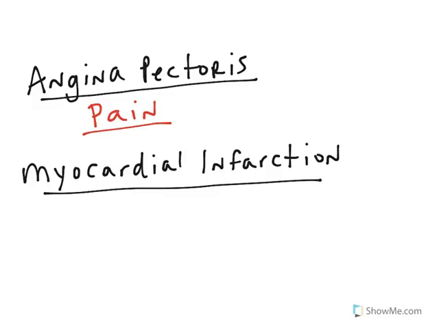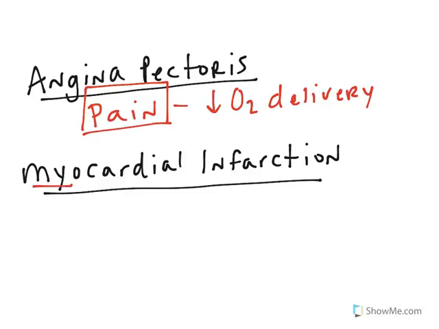So there is lowered oxygen delivery, okay, to the myocardium of the heart, which results in the tissue hurting. So that's pain. Whereas myocardial infarction, so literally muscle of the heart, remember infarct is an area of tissue death.